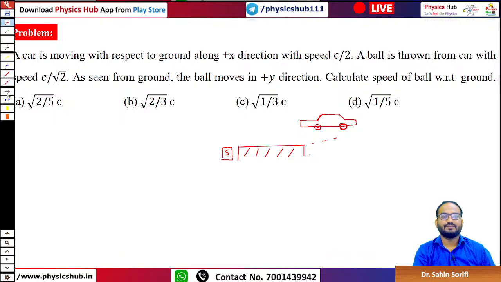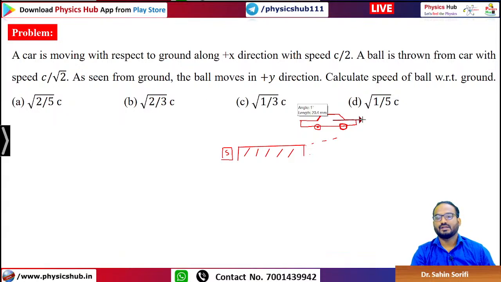So this car is moving in the x direction with speed c by 2. So this is your S prime frame. No issue. A ball is thrown from car with speed c by root 2.